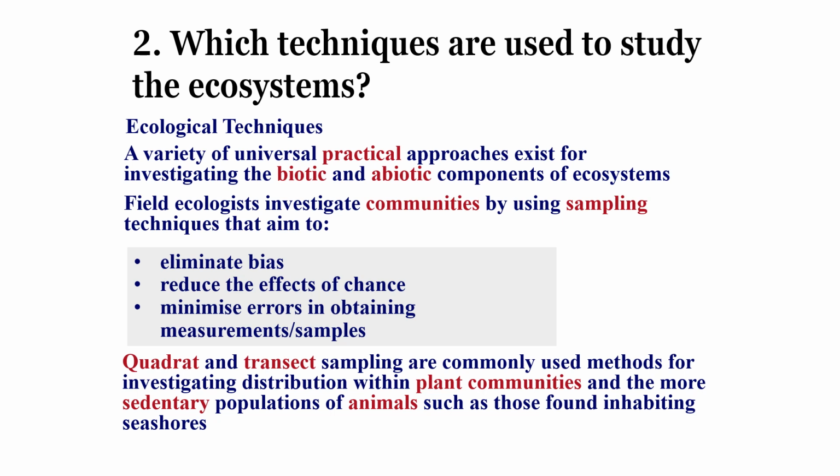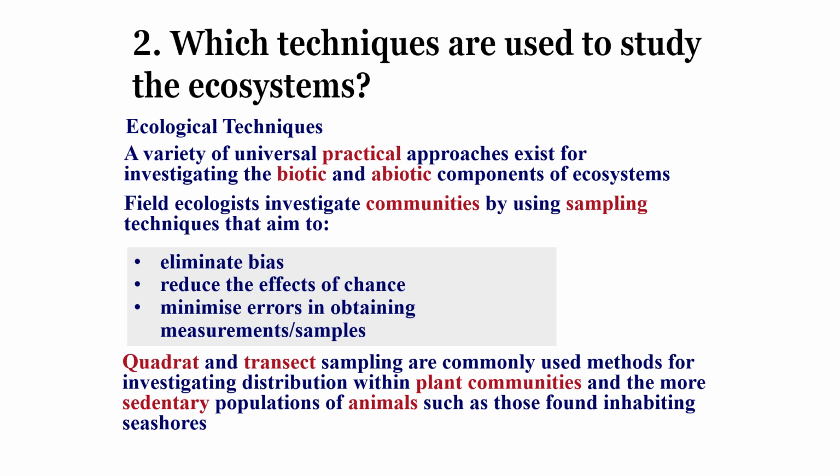Secondly, the sampling techniques are used to reduce the effect of chance. Chance is something which is unusual. For example, a particular species A is not naturally present in an ecosystem but has been brought by an individual. So this gives rise to chance.